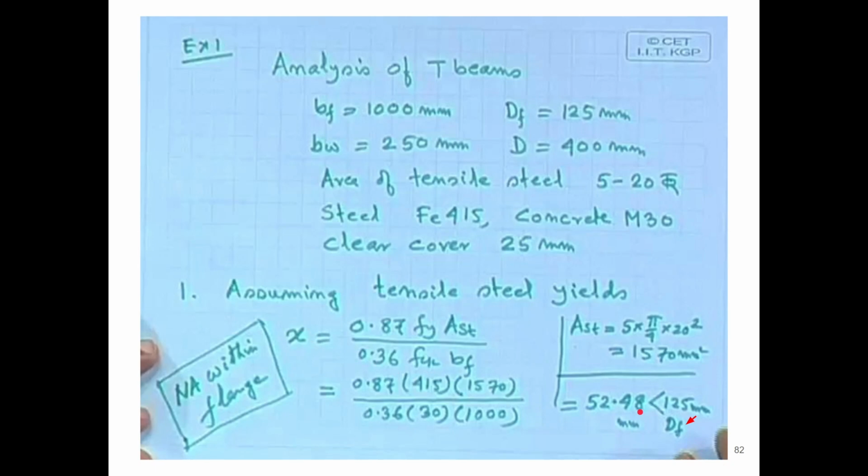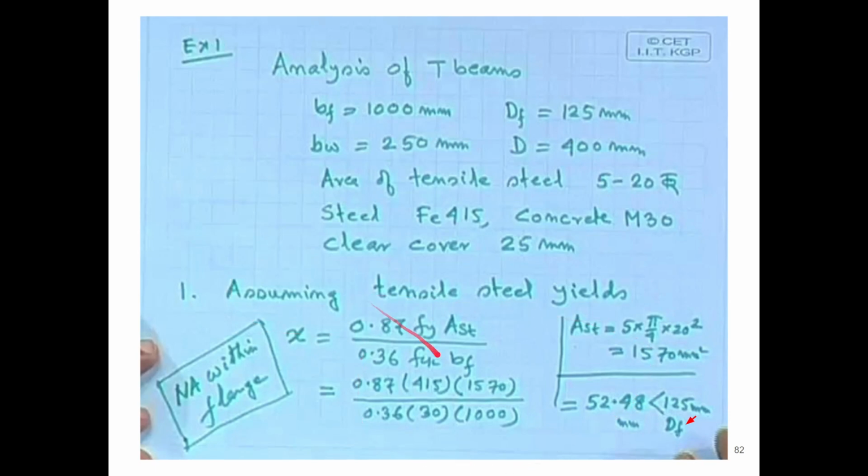Initially we go to case 1, where we took the b value as bf. fck was 30, fy 415, bf 1000, and Ast is 5 bars of 20 mm, so it is 1570. Using these values we got 52.48, and that depth is less than the depth of flange, which is 125, so it is case 1.